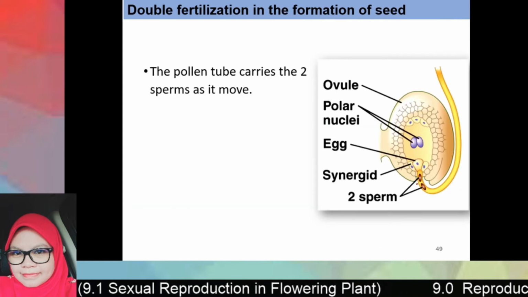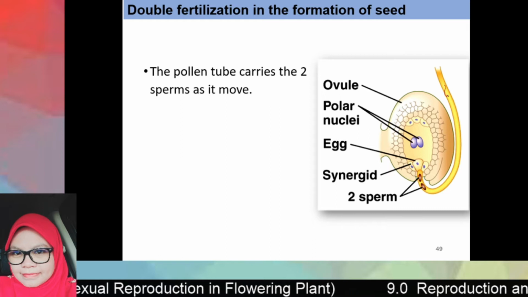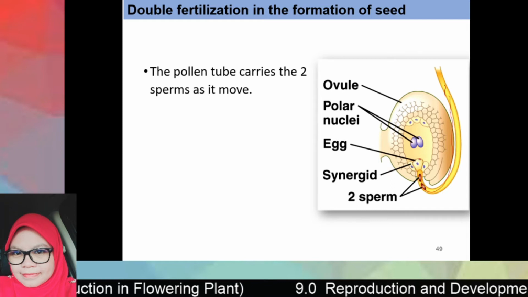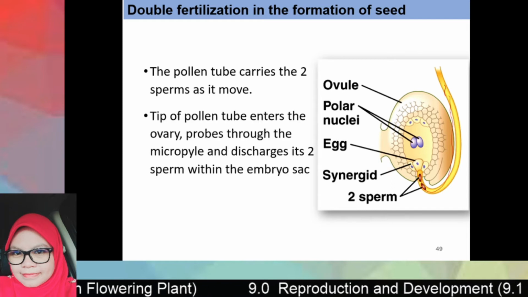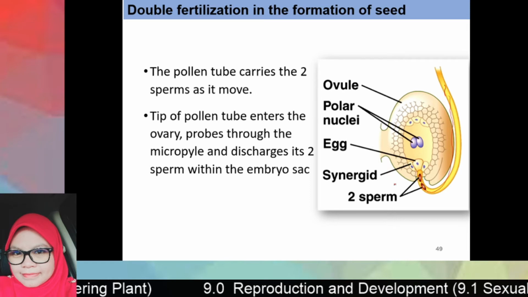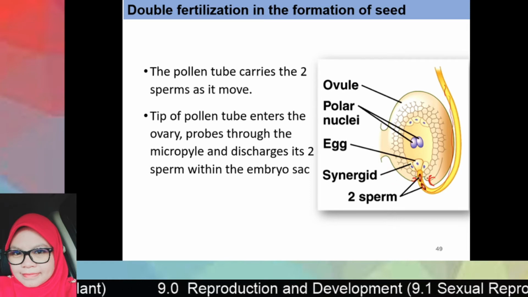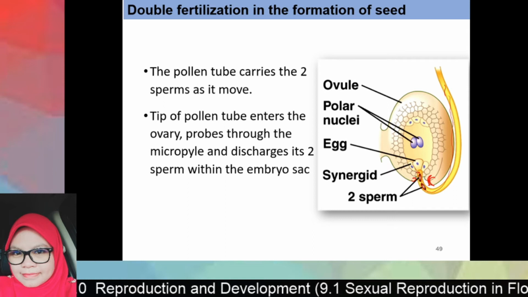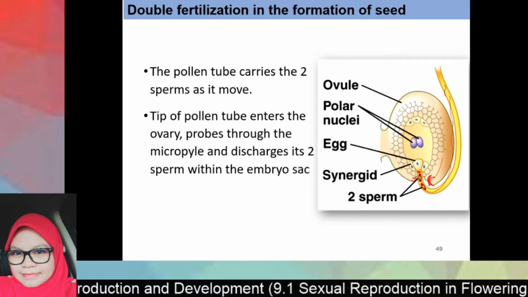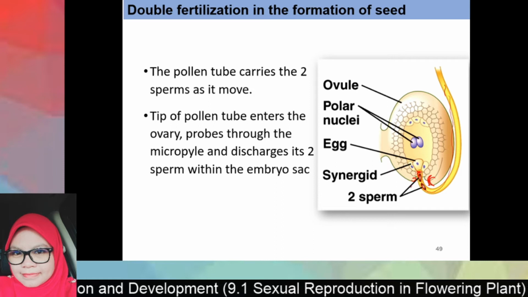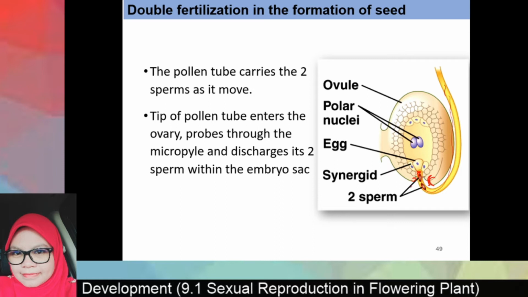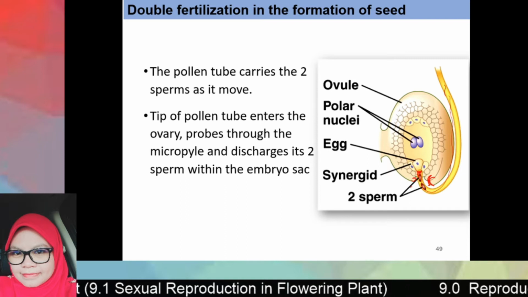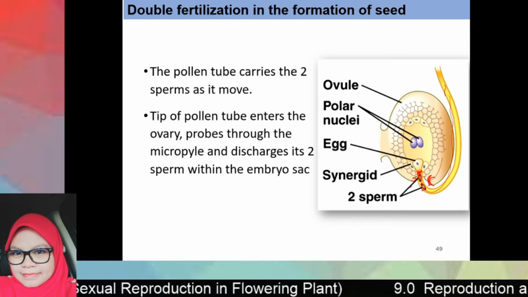Look at here. This is the pollen tube, and the pollen tube will go through the micropyle, this opening here. The pollen tube will discharge the two sperm. That means when the pollen tube arrives at the micropyle, it extends towards the micropyle, and then it will discharge these two sperm.